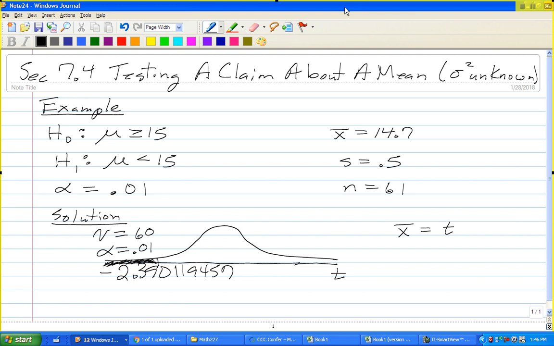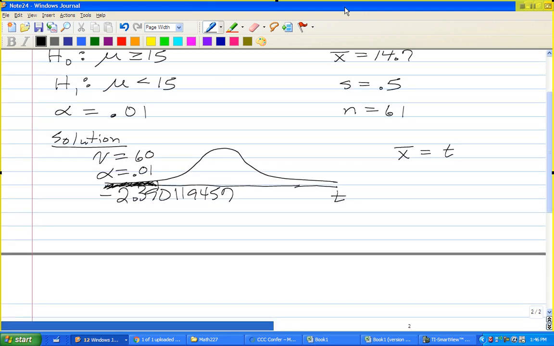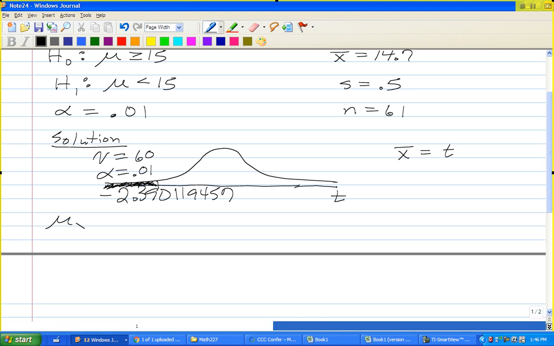Okay, so let's try to calculate the test statistic. To do that, let's calculate the parameters. The mean of the sampling distribution of all possible means is the population mean, which is assumed to be 15.